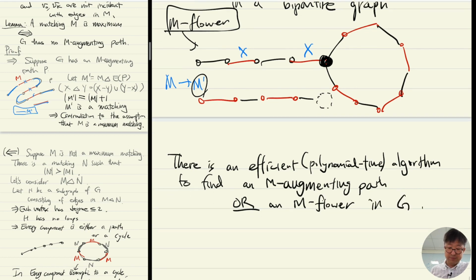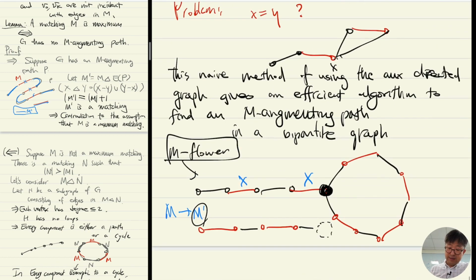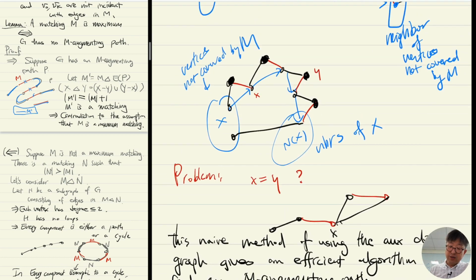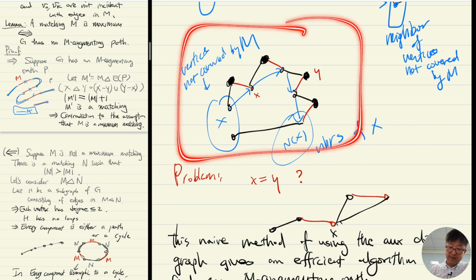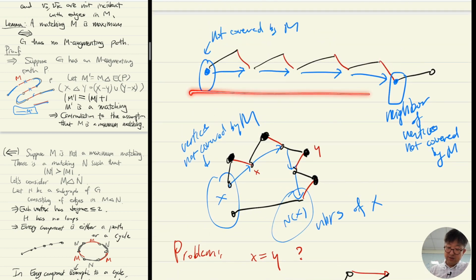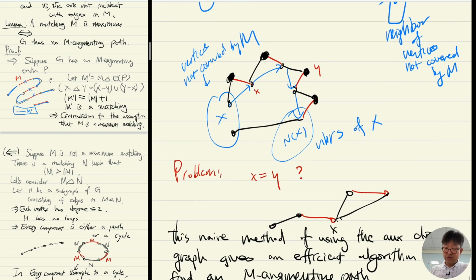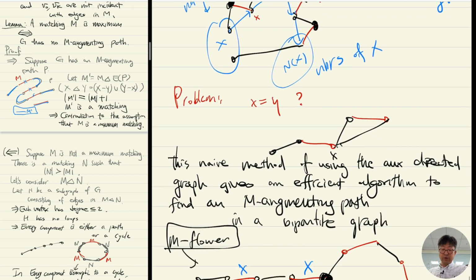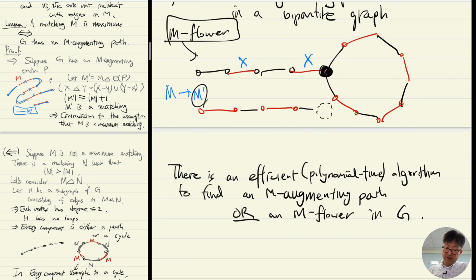in G, right? This method of using auxiliary directed graph and use shortest path algorithm will either give you the augmenting path, in which case we are very happy, we can augment the M to increase size of M and then run this algorithm again, or we are stuck with the flower.